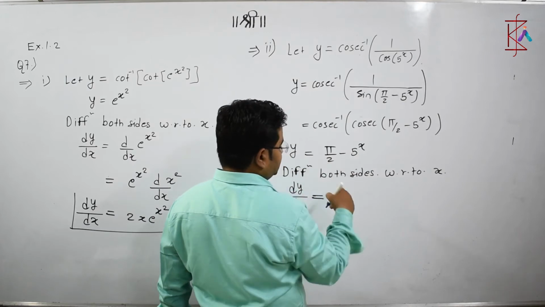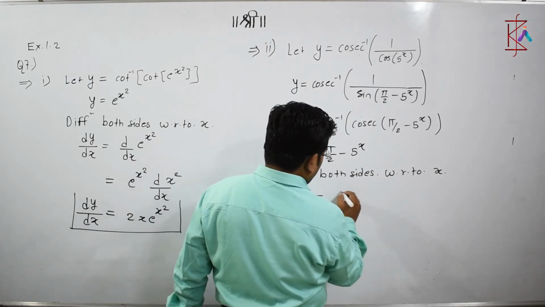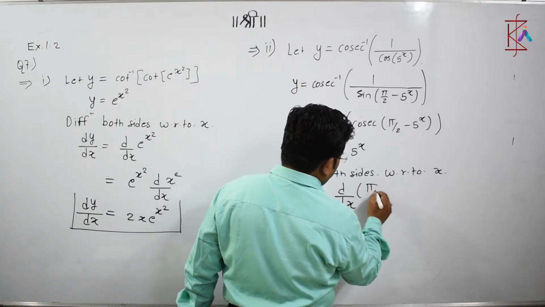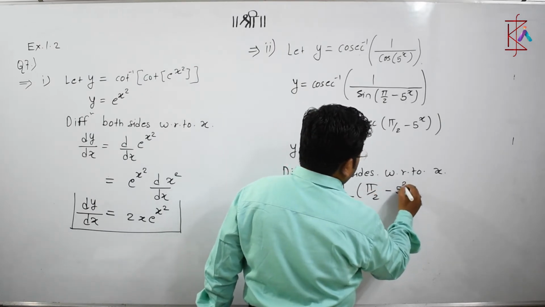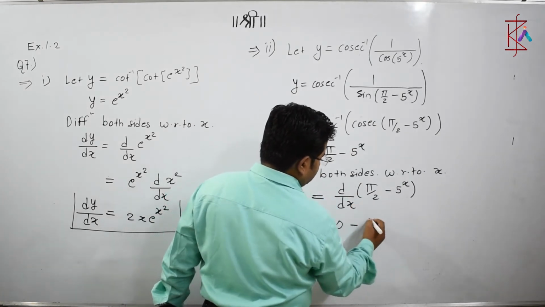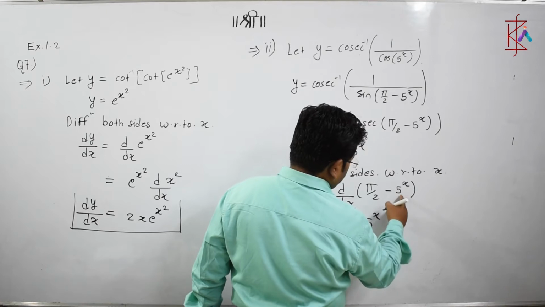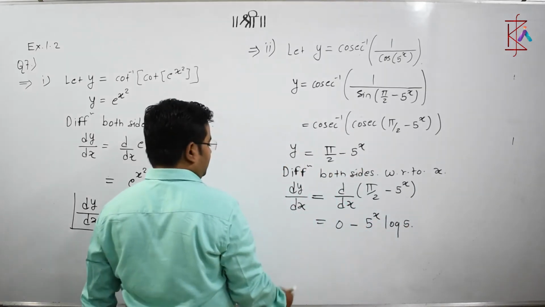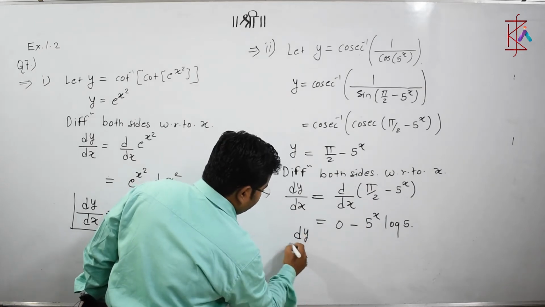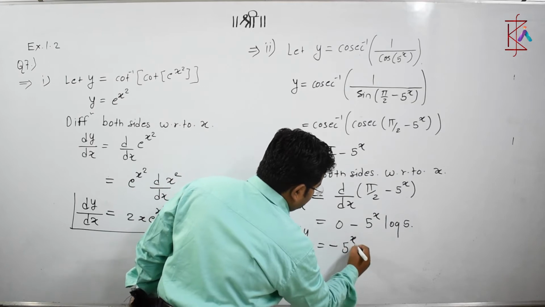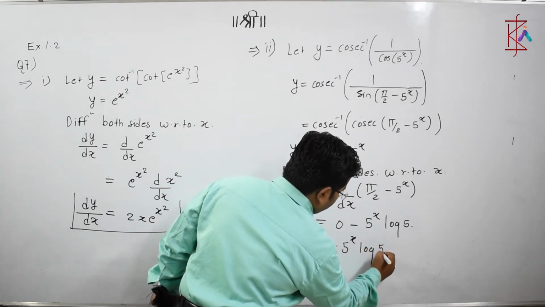So pi by 2 differentiation will be 0. So d upon dx of pi by 2 minus 5 raised to x will be 0 minus 5 raised to x into log of 5, and that should be our final answer. So dy upon dx is equal to minus 5 raised to x log of 5.